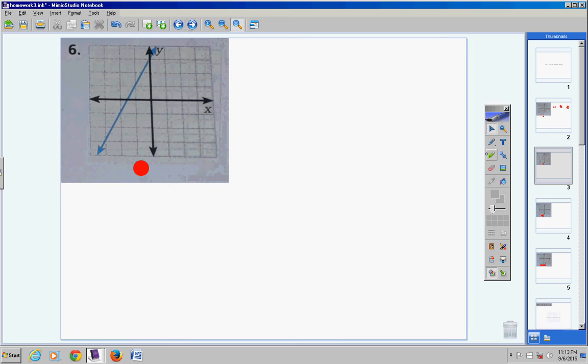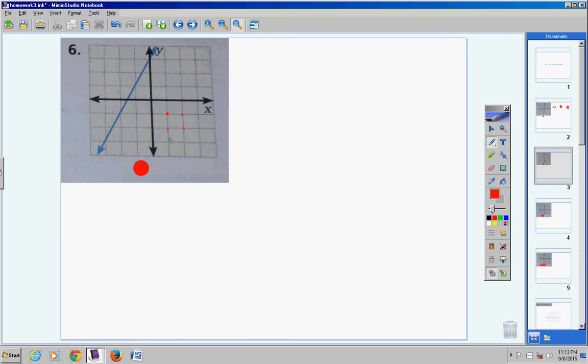Okay, number 6, they want us to find the slope of this line. Now, I'm looking for a nice, what I call sweet spot, where the line is going right through the crosshairs. When I say crosshairs, I mean all these little intersection points.